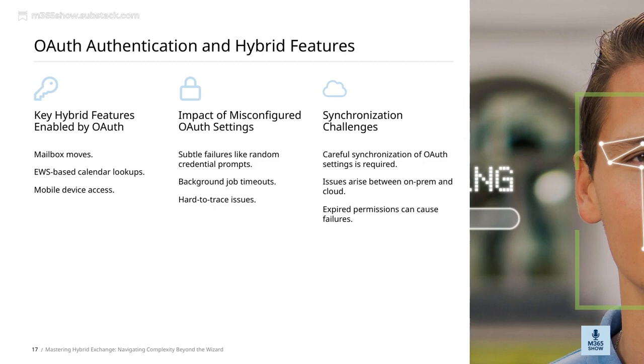It allows seamless mailbox migrations, reliable calendar synchronization, and secure mobile access, all vital for a unified user experience. So, ensuring your OAuth settings are accurate and synchronized isn't just a technical requirement. It's essential for delivering the full potential of your hybrid exchange environment.